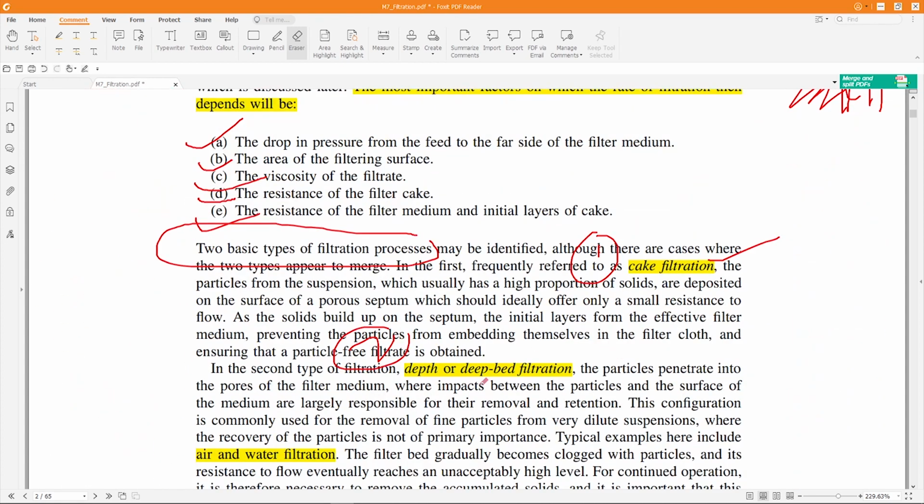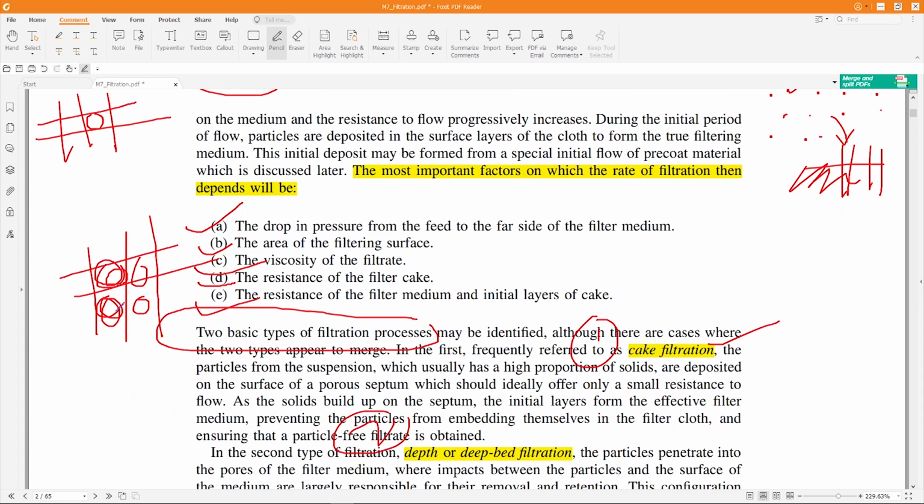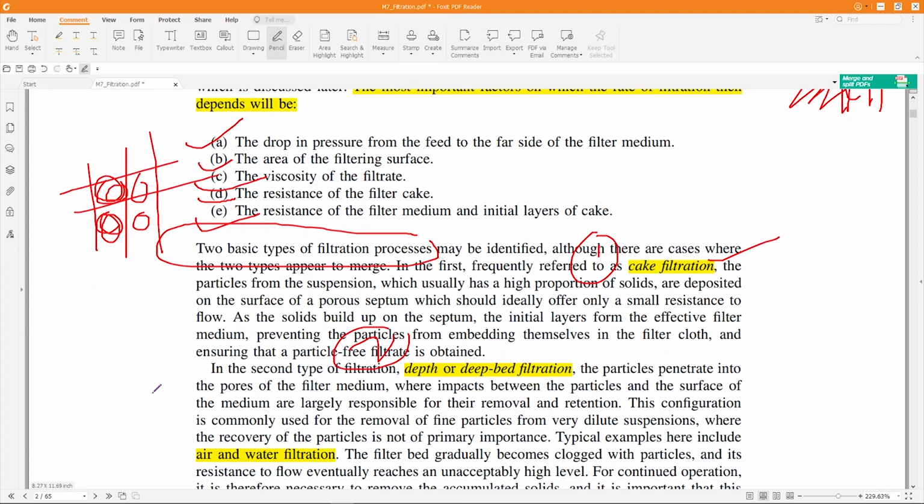And in deep bed filtration, or depth filtration, you have a filter medium and the particles go inside the pores of the filter medium. So they will offer some kind of resistance. So this kind of filtration will be deep bed filtration.